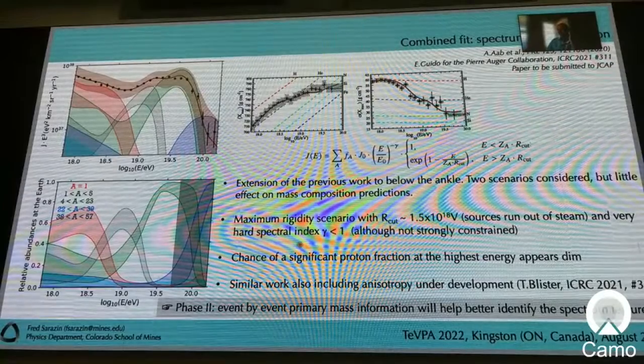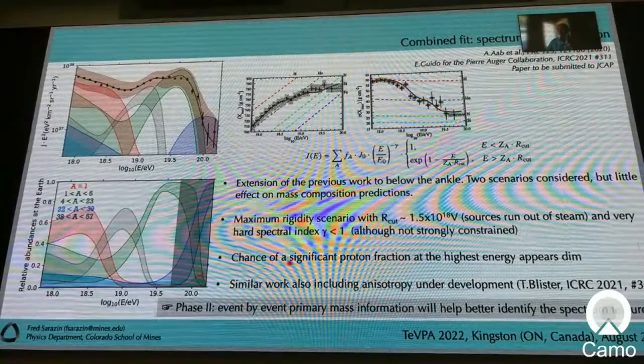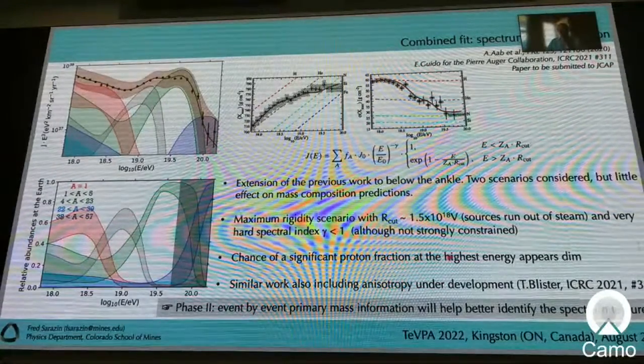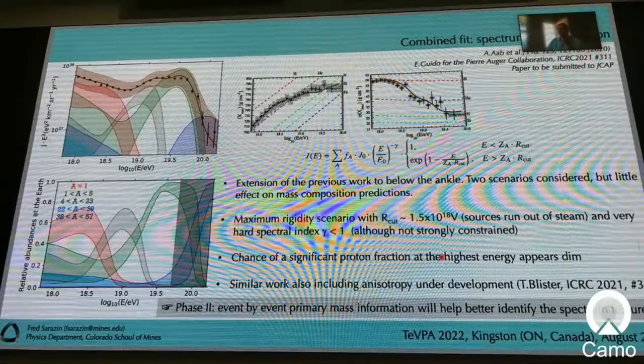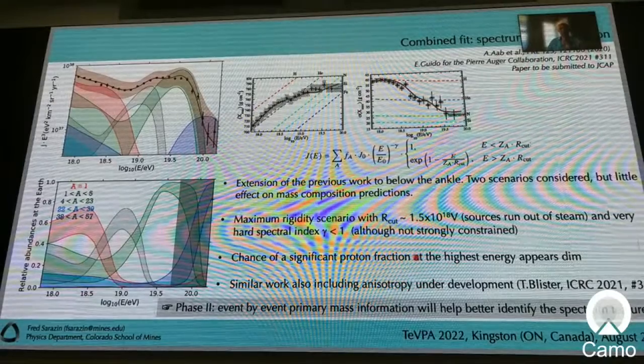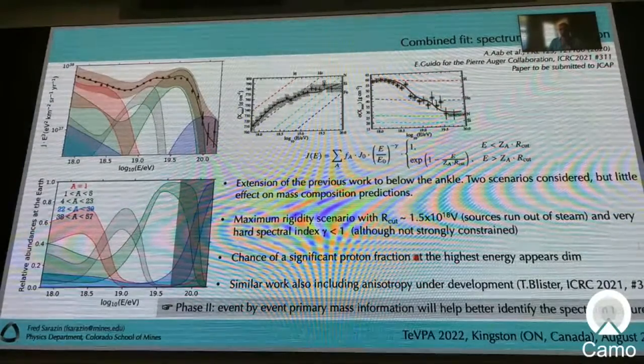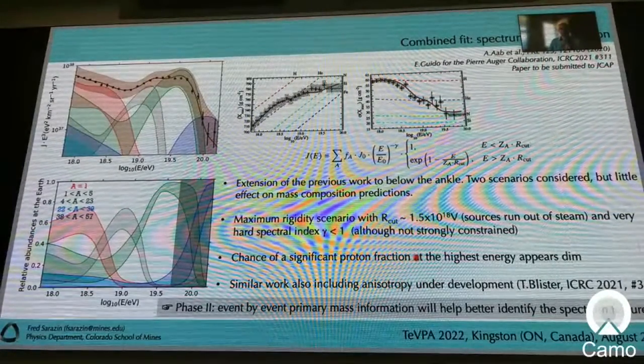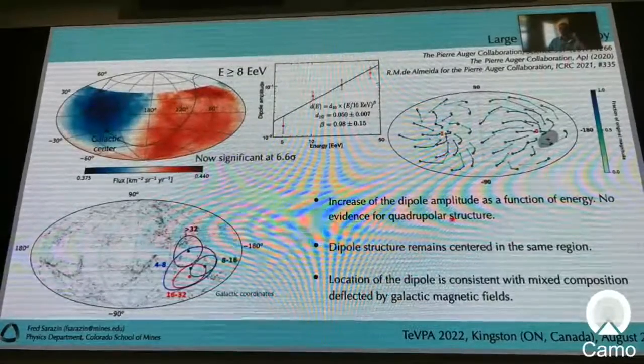Okay, so that also seems to indicate that the chance of having a significant fraction in the highest dimension has to be fairly thin. And so of course, it has huge consequences. What I'm going to mention next.